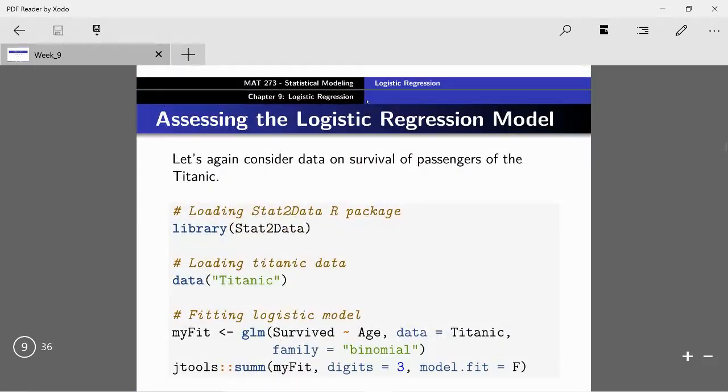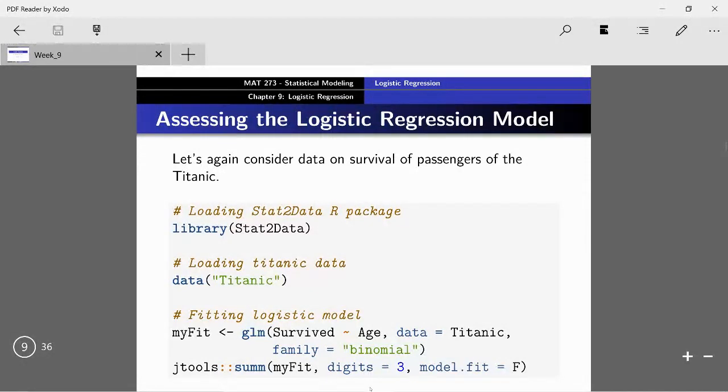So if we recall this data set on Titanic passengers, we have our outcome variable being whether or not a passenger survived. Survived is yes, is the success, and so that is y equals 1, and y equals 0 is the passenger did not survive. And we can consider modeling the probability of survival using the passenger's age in years.